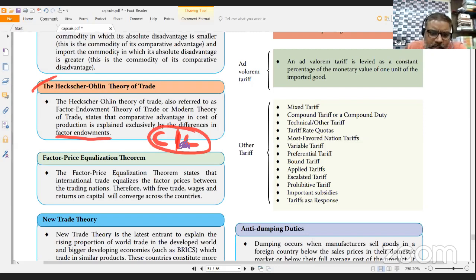Labor abundant countries, like India and China, will produce labor intensive products. Of course, China has both capital and labor abundancy, but that's a different story. Countries with capital abundancy will do capital intensive industries and products, and they will be more competitive in that.